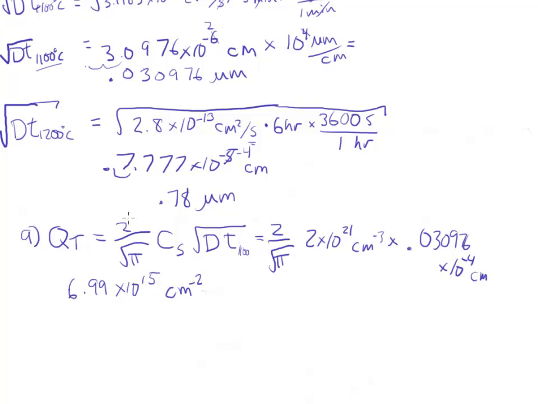Now, one thing I forgot to say is that this formula is only valid in the case of the delta approximation, which requires that the initial depth of the dopant is much less than the final depth of the dopant.